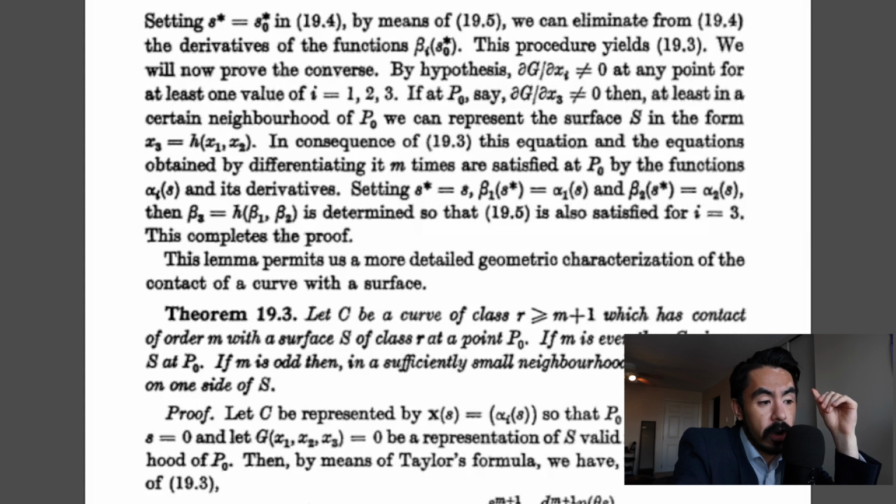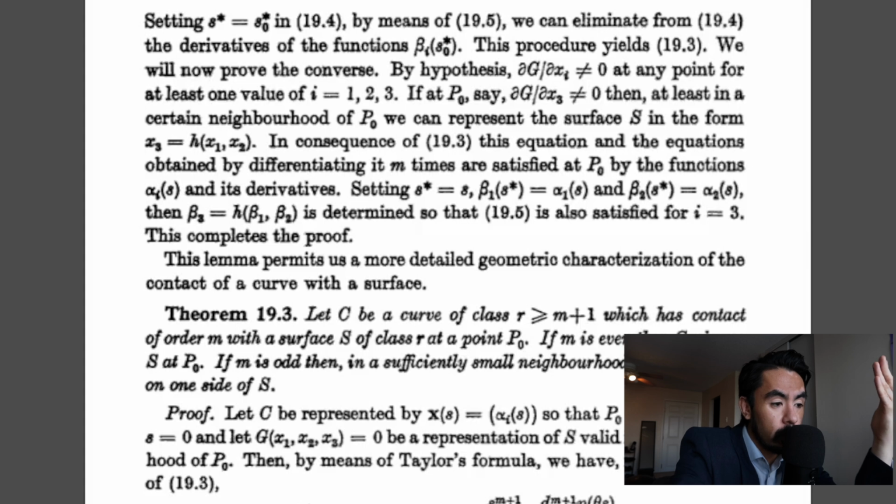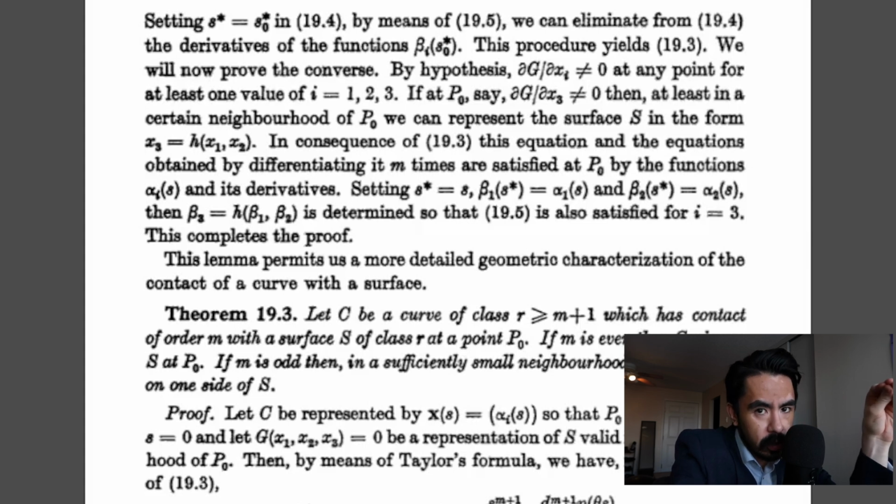Then, at least in a certain neighborhood of P naught, we can represent the surface S in the form x3 equal to the function h, which is in terms of x1 and x2. Like I said, you take that function g of x1, x2, x3, and then you re-represent that in a different form where you've solved out x3 in terms of x1 and x2, and that's how we're going to move forward.